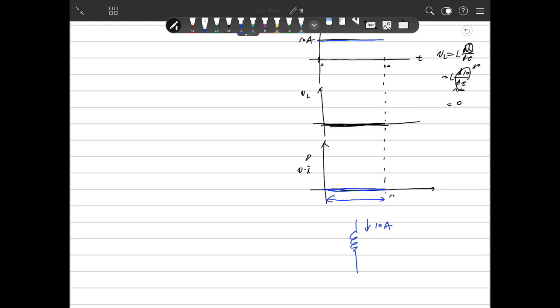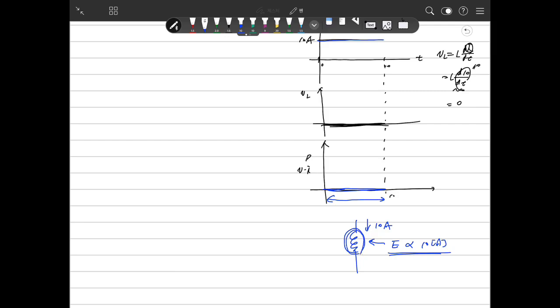That means the energy stored in the inductor is constant. The energy stored in the inductor is proportional to the current, which is 10 amperes. So the energy is stored in this inductor with no variation.